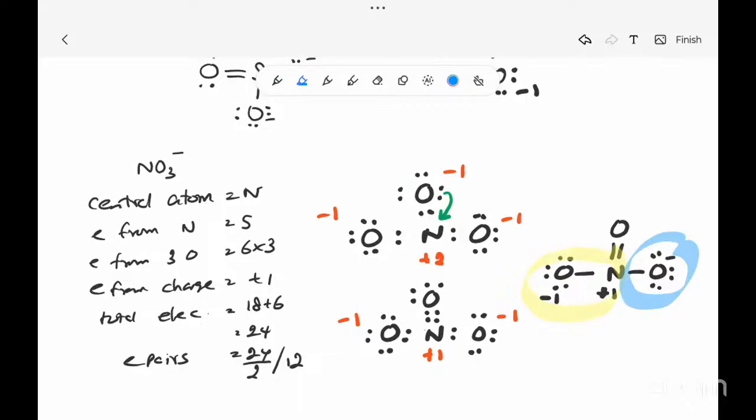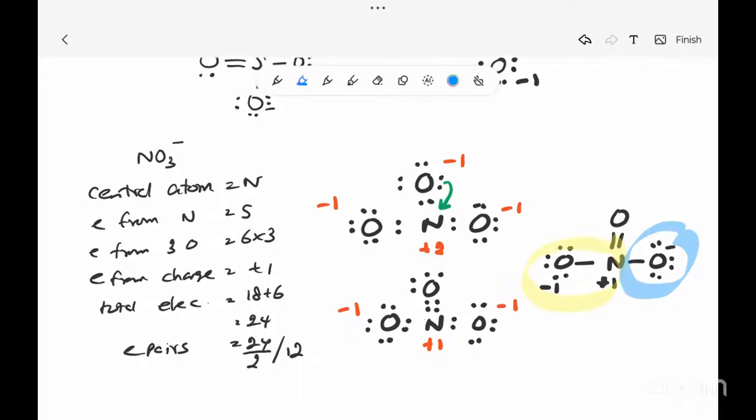Here, an H was there. The oxygen has been released by taking both the electrons towards the oxygen atom. That's why it has induced a negative charge. That is not because of a dative bond.